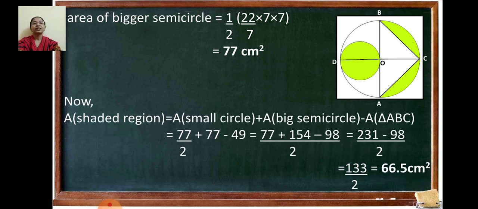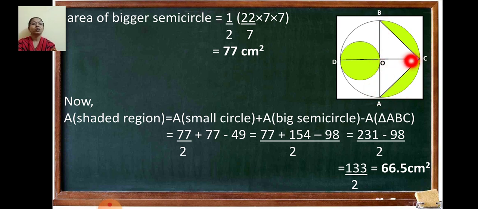Now let us find out the shaded region. We have calculated all the areas in installments. Now let us join them, combine them. Some areas we have to add, some we have to subtract. So what all things will add? Area of this small circle plus the area of this bigger semicircle.